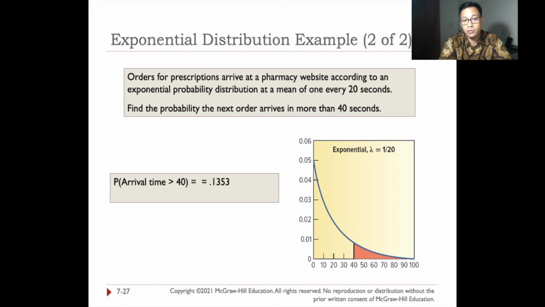In this case it is going to be 0.1353. And so the probability that it will be more than 40 seconds before the next order arrives is going to be 13.5%.